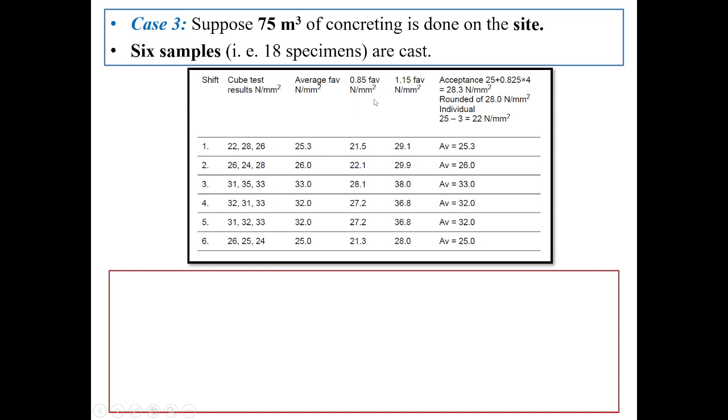Then when I take 85% of F average, that means 0.85 into 25.3, that is 21.5. Again the same is the case for the remaining 5 samples. And when I take 1.15 of 25.3, it will be 29.1, and the same is the case for all remaining 5 samples.